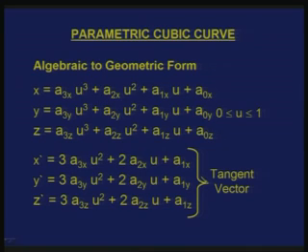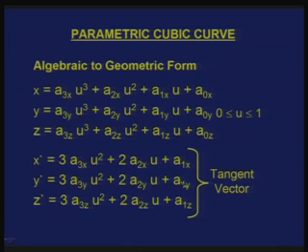These are called tangent vectors. The x prime, y prime, z prime shown here are called the tangent vector, and tangent vectors are also a function of parameter u. They vary, like you have different tangent vectors at different values of u. As I substitute u equal to 0 to 1, I get different values of this.